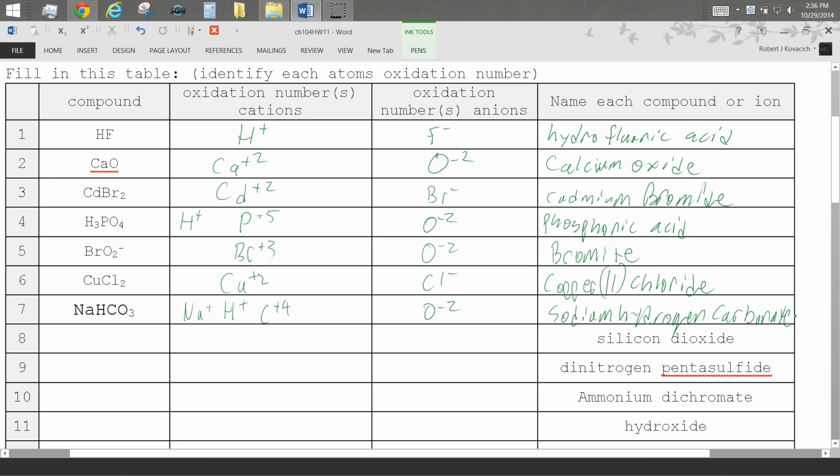What's the common name for that? Sodium bicarbonate. What's a more common name for it? Baking soda. Yeah.